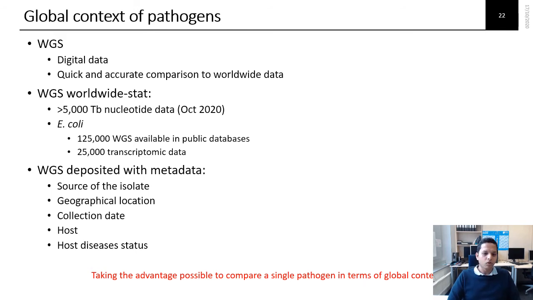Not only this, whole genome sequence data is deposited with metadata such as source of isolate, geographical location, collection date, and host disease status. So you can compare the isolates causing an outbreak or infection in your region to the worldwide data, and you can get an idea about where these isolates are coming from, what the level of pathogenicity is as compared to previously studied isolates, and so on.